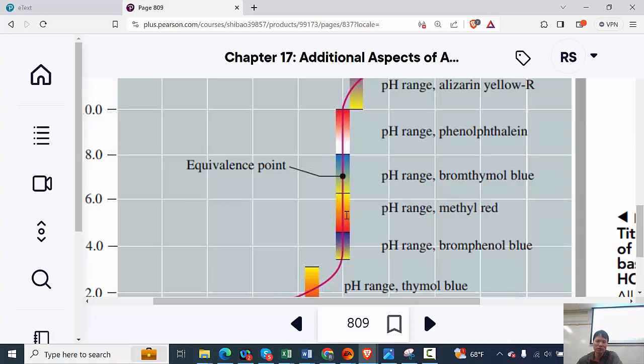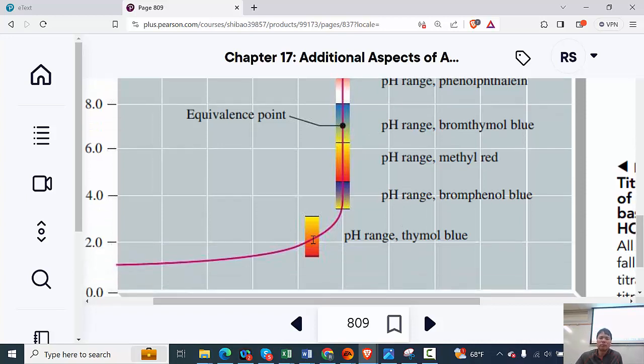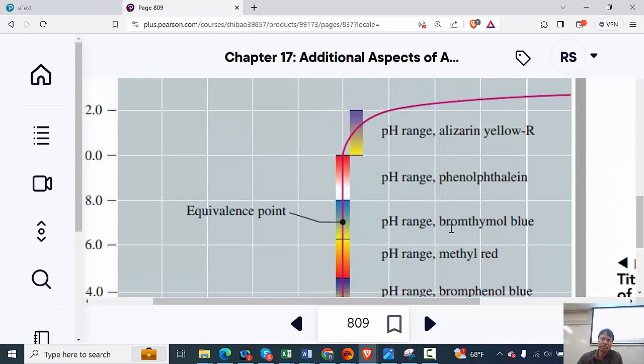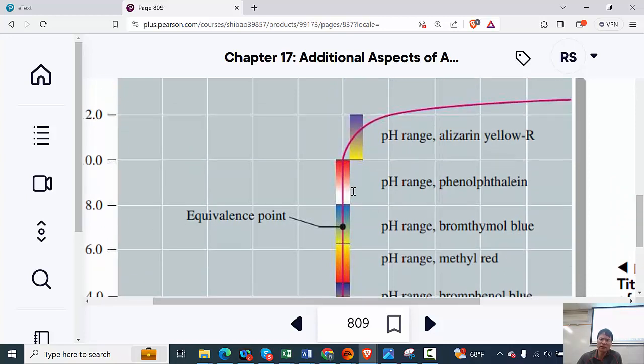But going from red to orange is hard, and then to yellow, it's hard to see. And thymol blue would be way too early because we'd have to be way down here at this pH, and that's well before the equivalence point, so thymol blue is not a good indicator. And so we use phenolphthalein. For a pH titration, the indicator wasn't necessary. We didn't necessarily need that.